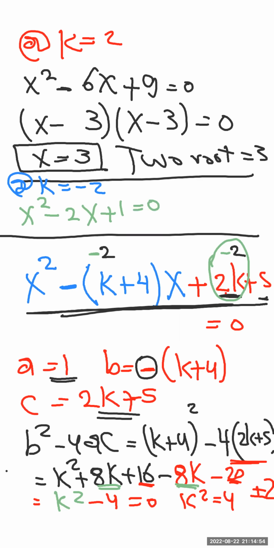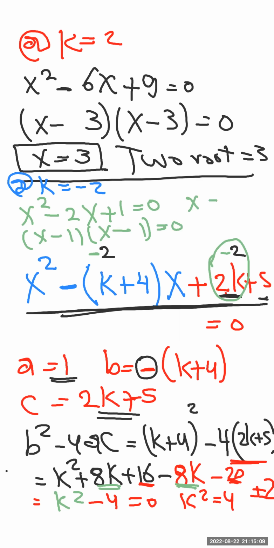Can we factorize it? Yes, of course. It will be like this: (x minus 1)(x minus 1). Two numbers, their product is 1 and their sum is 2. 1 and 1, negative, negative, equals 0. x equals 1. Two roots equal 1. Finished.